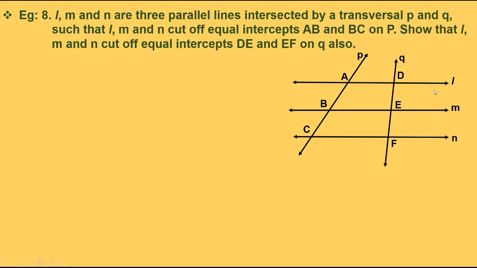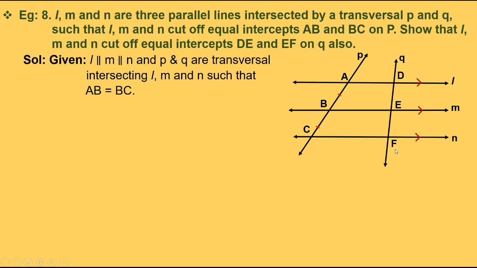Solution: given L is parallel to M and M is parallel to N and P and Q are the transversals intersecting L, M and N such that AB is equal to BC. To show DE is equal to EF.